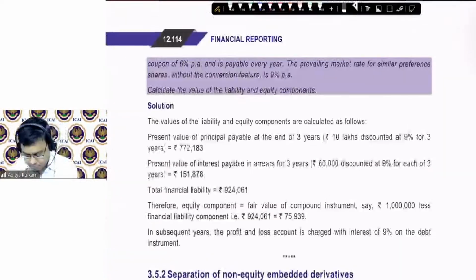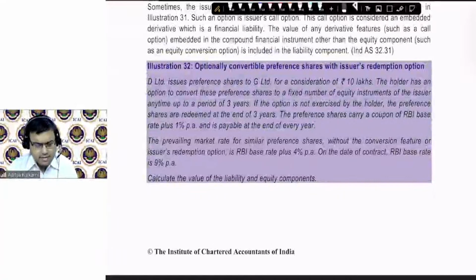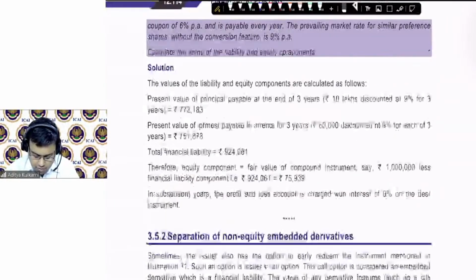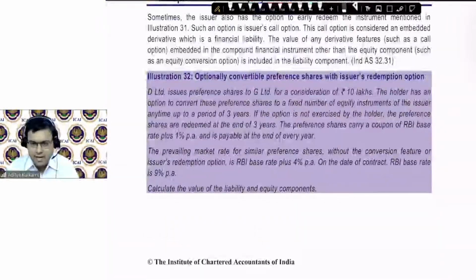Let us come to this question, illustration 32, page 12.114. We will slightly modify this to include one extra component, but otherwise it's all a usual question.